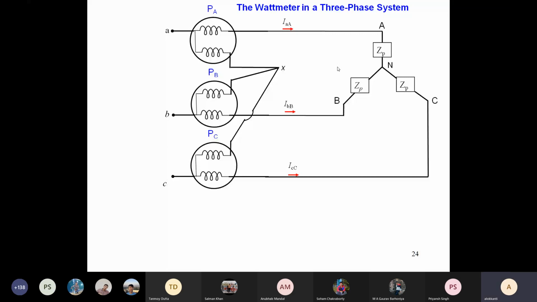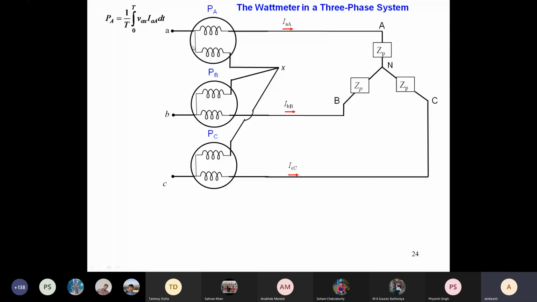The power measured by wattmeter A is basically 1 by T integral of VAX times IA dt, where VAX is the potential of A with respect to X and IA is the current in the current coil. This is the average power formula we did earlier.